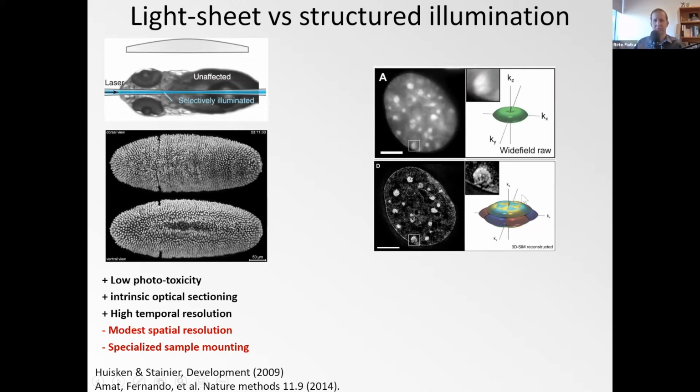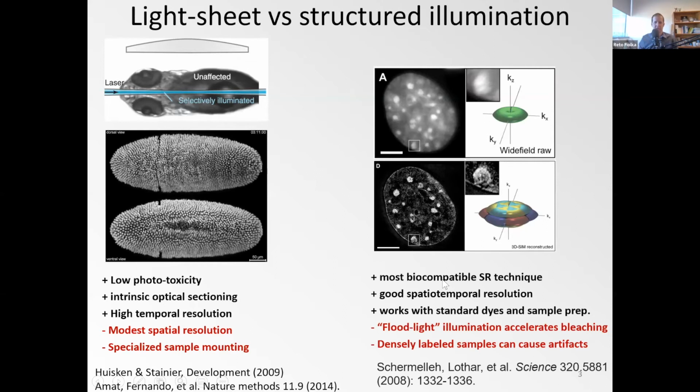And when applying 3D structured illumination, you can essentially, in each spatial dimension, double the extent over which you can gather spatial frequencies. And here, this was early work by Lothar Schermelleh and Mats Gustafsson on chromatin and the nuclear envelope, and you can see the great improvement in detail that this doubling of the OTF affords.